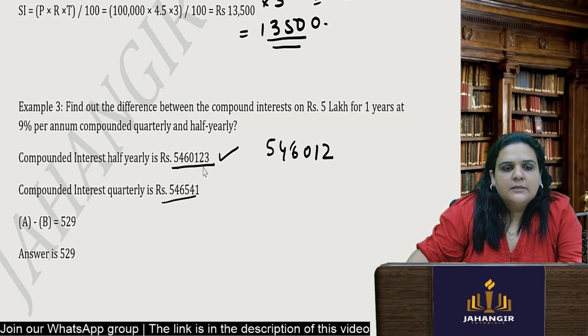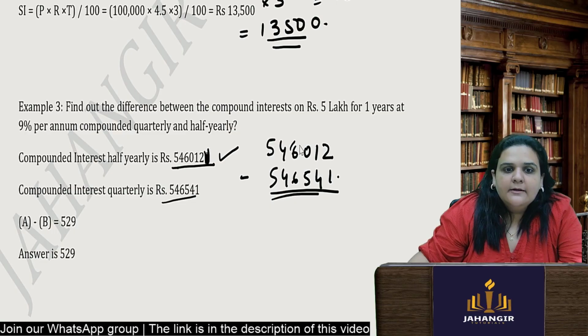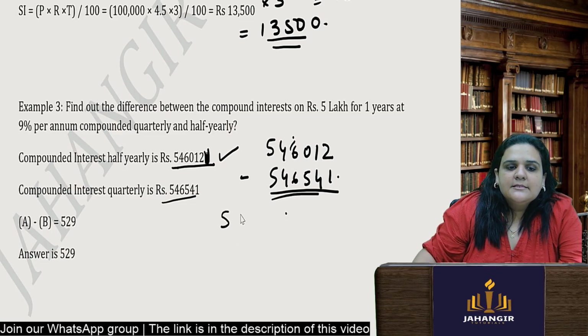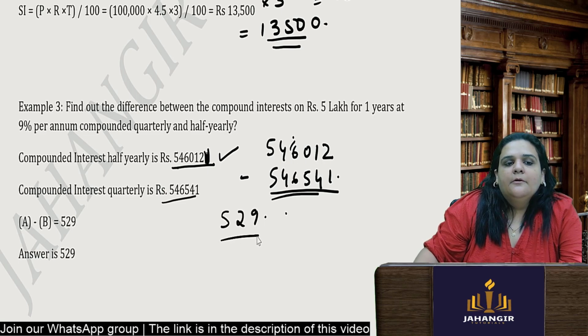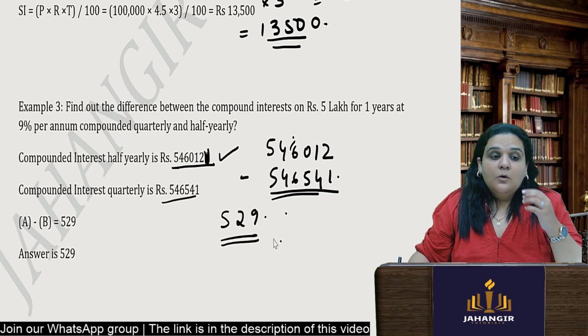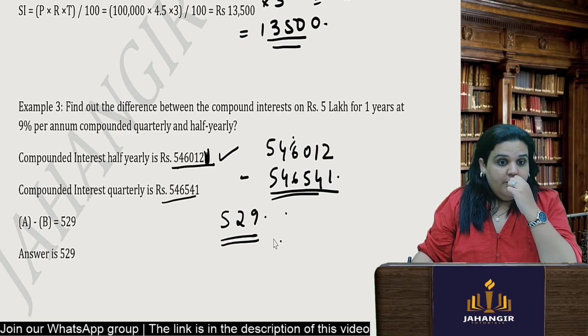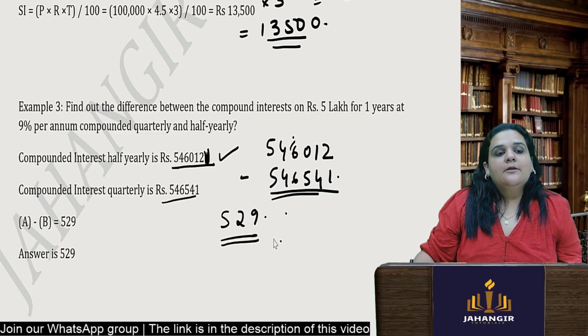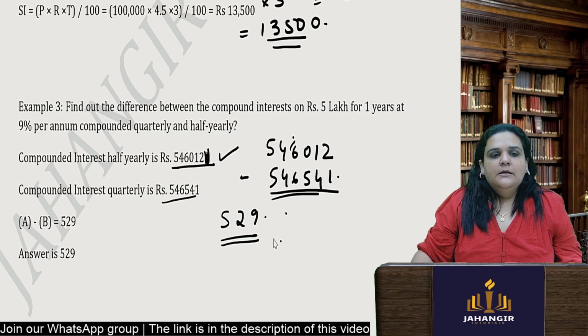This 3 is not there, I'm sorry. Okay, minus 541. This is the larger number, so subtract the smaller from the greater number. You are going to get the answer as 529. So see, imagine if you are compounding the interest quarterly, you are going to get 529 rupees more. Okay.